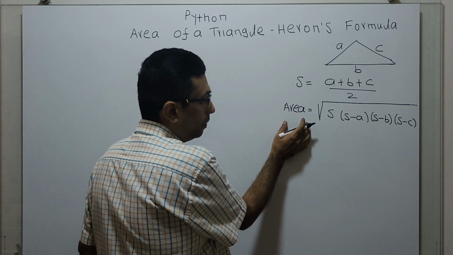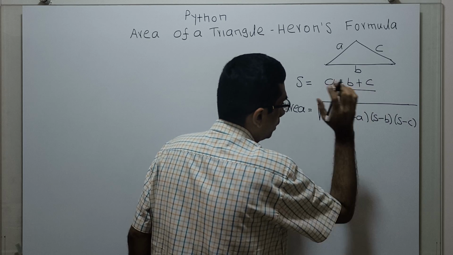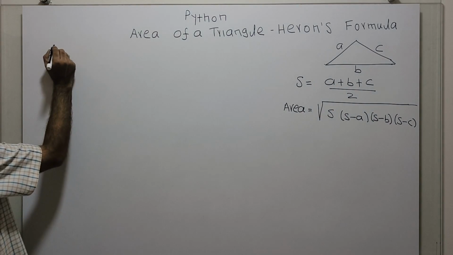So this is the way we obtain the area of a triangle using Heron's formula. For this, we will write a Python program.